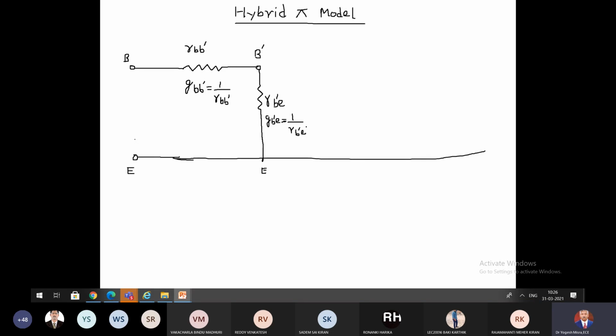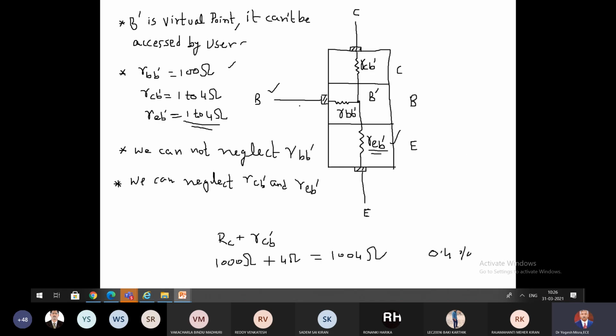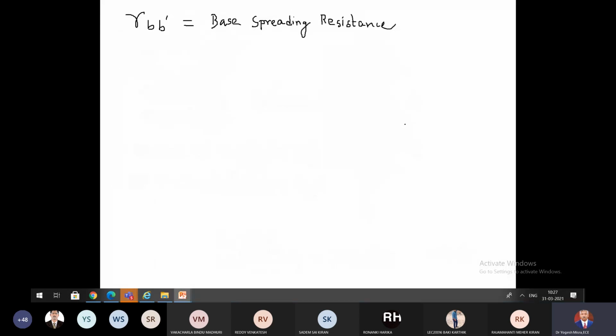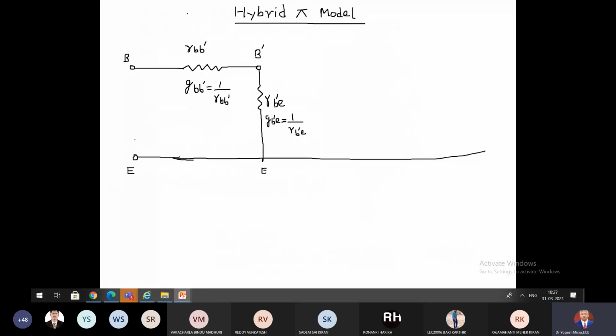Now we also know that an internal capacitance will be formed between the base and emitter junction, right? See here, this is base and this is emitter. Between this base and emitter, one capacitance is formed, which is an inherited property of a PN junction. So that also we will draw here.